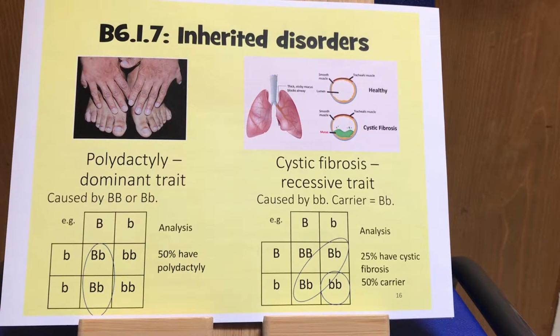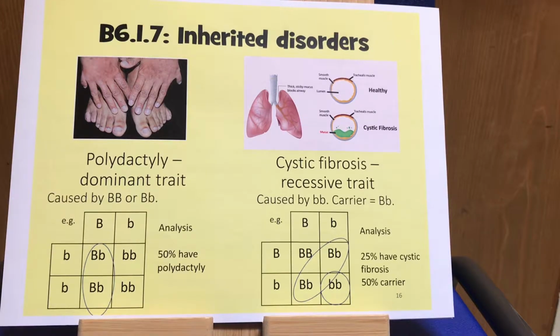Cystic fibrosis is caused when lots of mucus builds up around the major body organs. It can be a problem for breathing because it stops that diffusion of gases going from the alveoli to the blood, and it can be a problem for the digestive system because it reduces the amount of absorption of nutrients from the small intestine into the blood. It's a recessive trait.